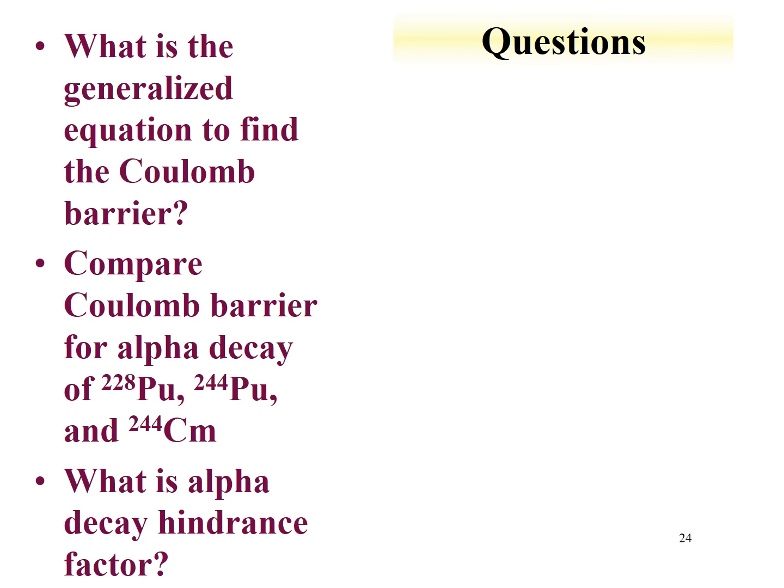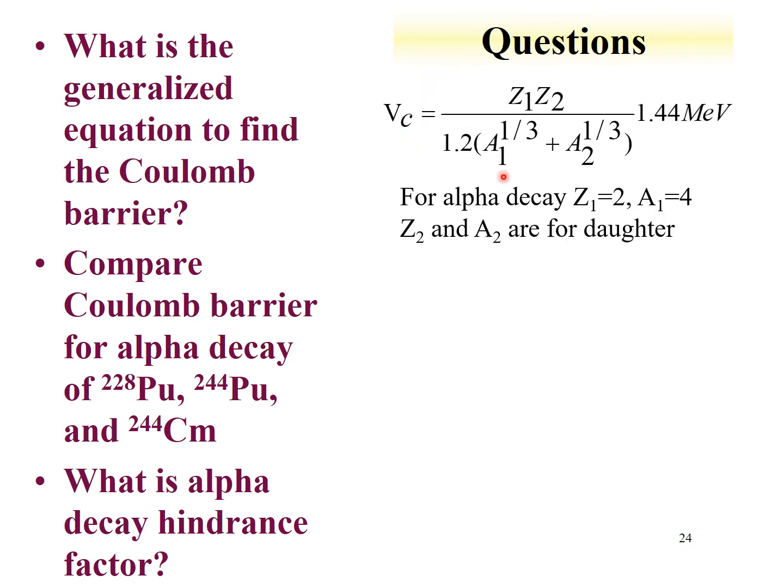Based upon the lecture, one should be able to answer some questions on the Coulomb barrier, such as what is the generalized equation to find the Coulomb barrier. The generalized equation is shown here, where for nucleus 1 and nucleus 2, the Z values are multiplied together and divided by 1.2 times the A to the 1/3 plus A to the 1/3 for nucleus 1 and nucleus 2, and that's multiplied by 1.44 MeV.